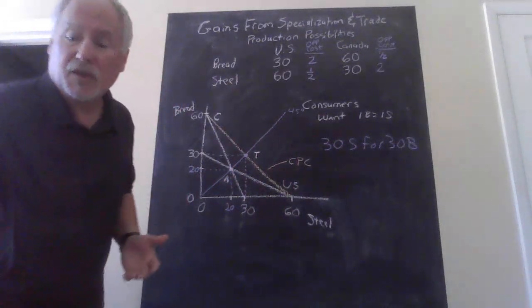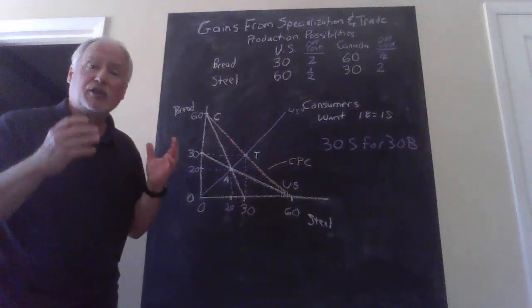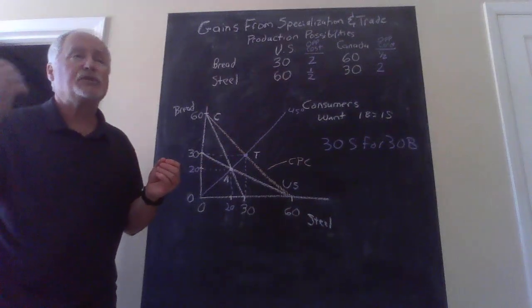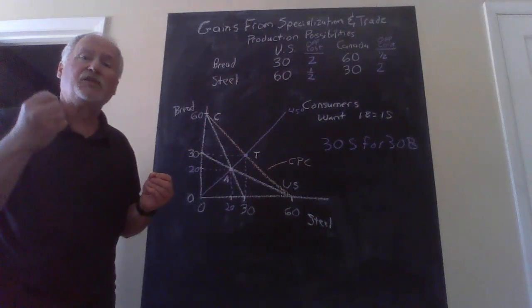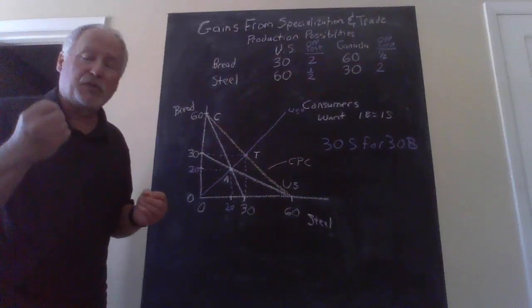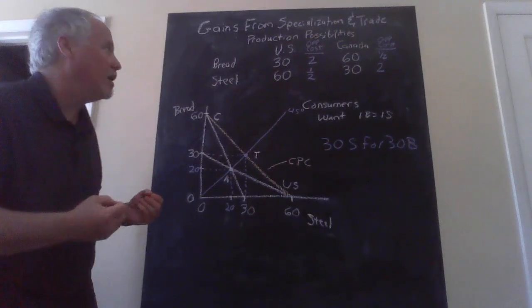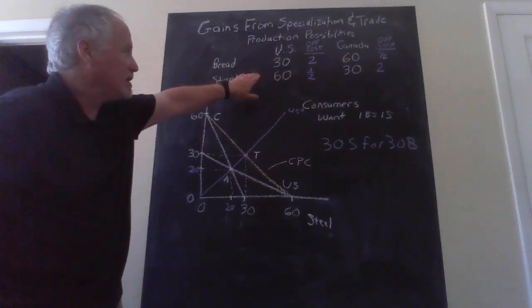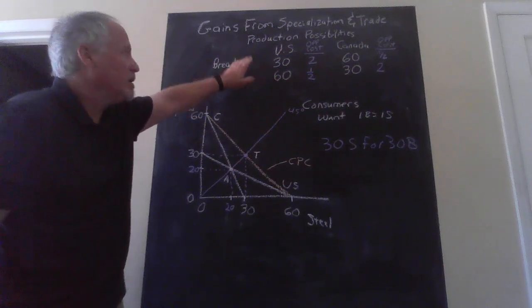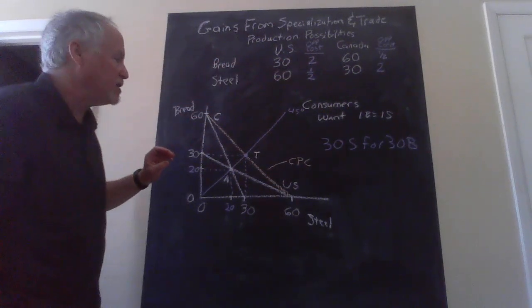So the principle of comparative advantage says if nations specialize in producing the good that they have the comparative advantage in, and then trade with each other, both nations can be better off. And that's what we see here. The United States has comparative advantage in steel. Canada has comparative advantage in bread.